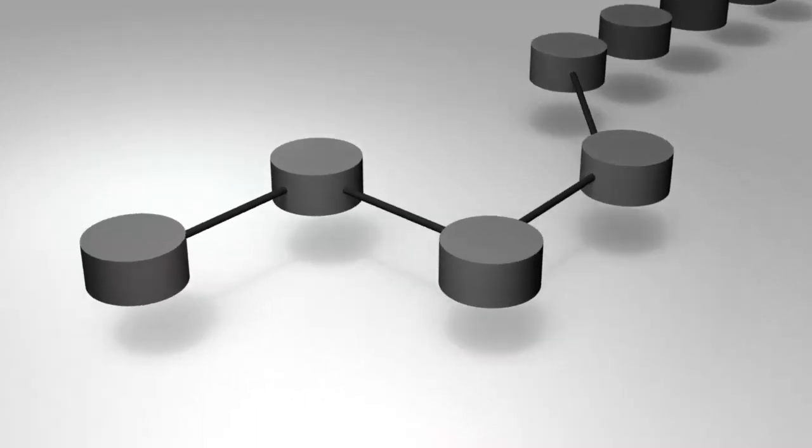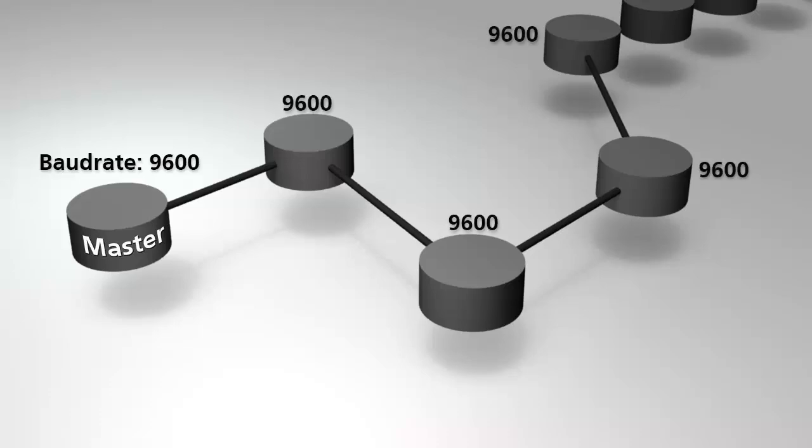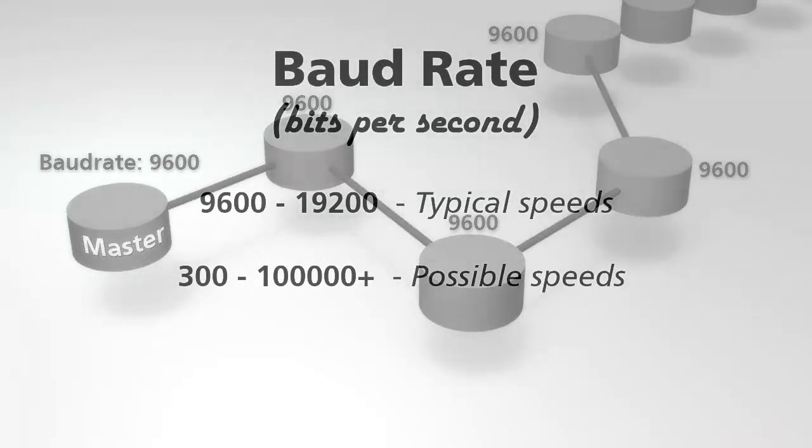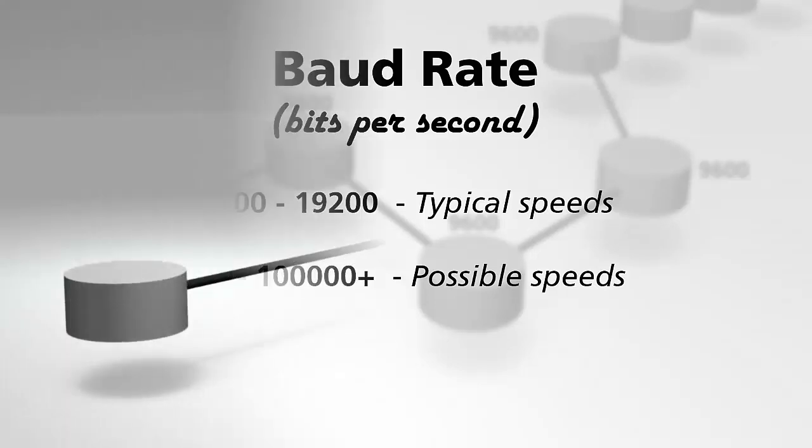All devices on an RTU network must use the same baud rate. Different devices support different transmission speeds, but between 9,600 and 19,200 bits per second is a typical range. Modbus modules can be configured from as low as 300 to as high as over 100,000.